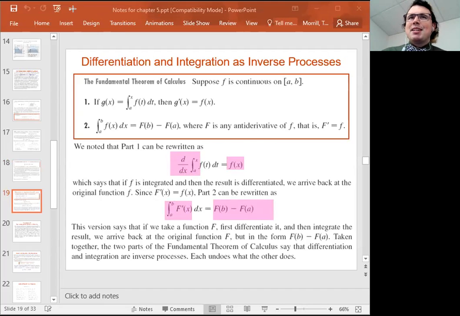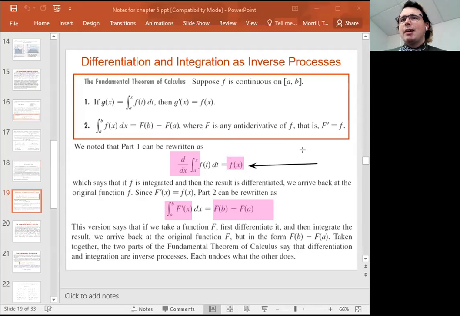So an important technicality of this is that the fundamental theorem of calculus part 1 gives us an answer that is a function. I have an area function and I calculate its derivative, which is some other function, f of x. And it's important that this function actually matches the integrand that I started out with.